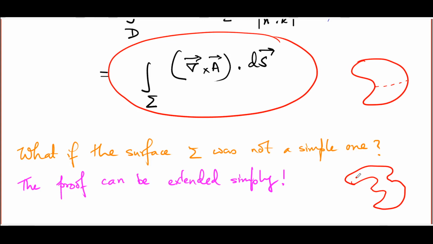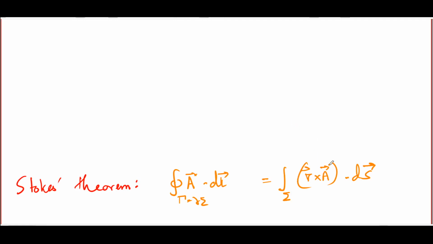The upshot of all this is, as long as you have a closed curve bounding any surface, we have proven Stokes' theorem, that is the line integral of A over the closed boundary gamma has to be equal to the surface integral of curl of A, or the flux of curl of A. To summarize, we have given two different proofs of Stokes' theorem so far.